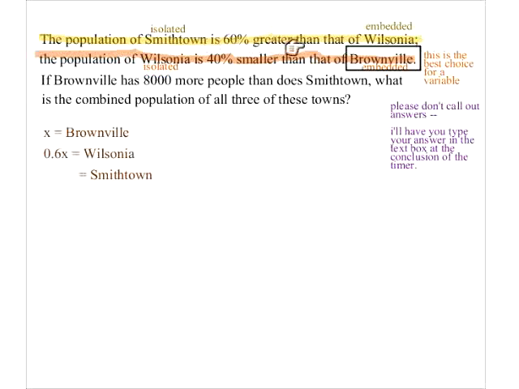Smithtown is 60% greater than Wilsonia. So it's actually 1.6 times Wilsonia. So that is 1.6 times 0.6x. So this is 0.96x.